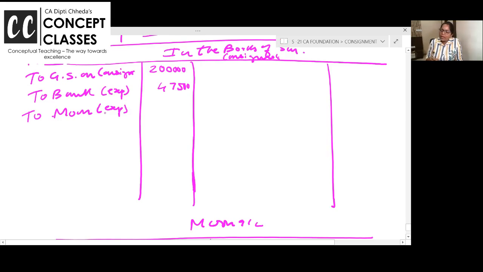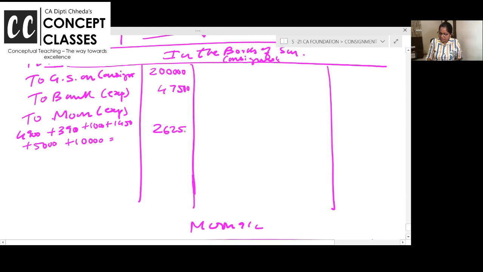You can do the total and write in the inner column. 4,900 plus 3,900 plus 1,000 plus 1,450 plus 5,000 plus 10,000. 26,250.